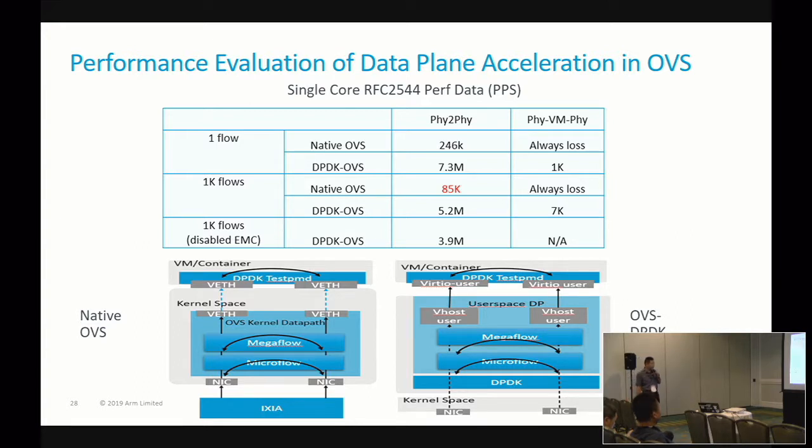For native OVS it's only 246 kilo packets per second. But for OVS-DPDK, we get 7.3 million packets per second. And if we have more flows, we get even more from the DPDK acceleration.